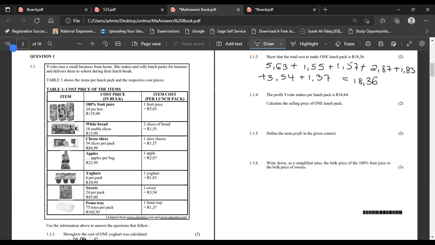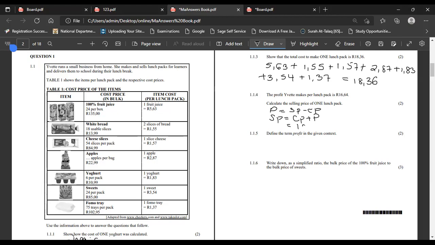All right. The profit V8 makes per lunch pack is 16 rand 64 cents. Calculate the selling price of one pack. Remember, profit equals selling price minus cost price. So if you're looking for selling price, it will be cost price plus the profit.